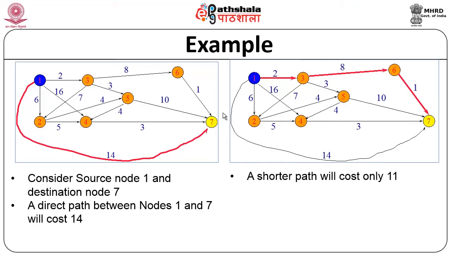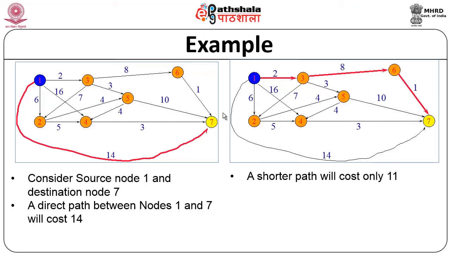You can also have 1, 3, 5, 7, which will give you 15. So, it is higher. Like this you can find the shortest path, there may be more than one, but here we have only one. We want to find that shortest path, which is 1, 3, 6, 7.